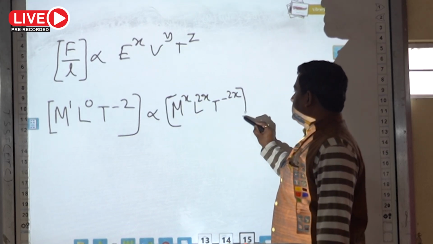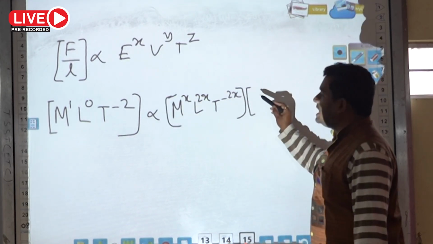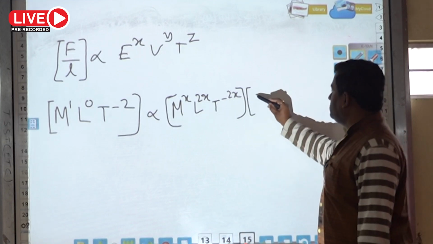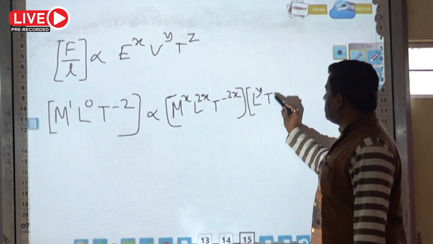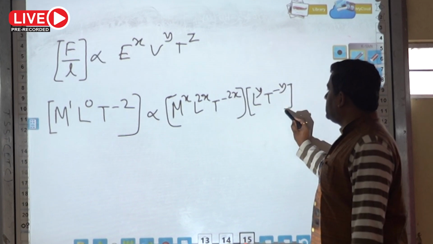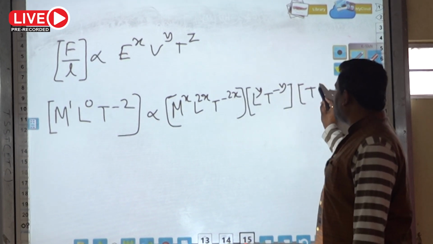Similarly, v is L T to the power minus 1, to the power y, meaning L to the power y, T to the power minus y, and time is the same, T to the power z.